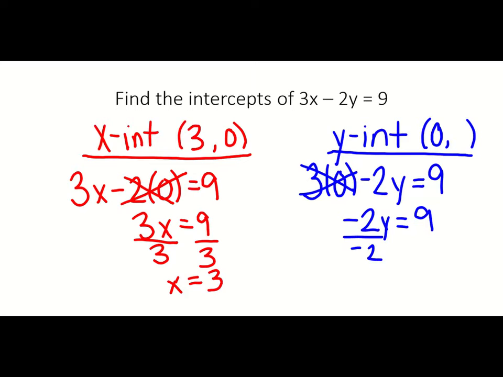Divide by negative 2 on both sides, and y equals negative 9 over 2. So our y-intercept's at (0, -9/2). So we have two intercepts, the x-intercept and y-intercept, where the x-intercept's (3, 0) and the y-intercept's (0, -9/2).